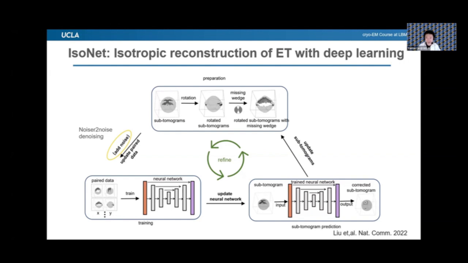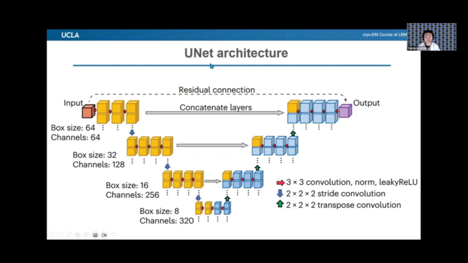The neural network we use is called the UNet. UNet is fully convolutional. So in each step it has a 3x3 convolution with an activation function. So this is three steps of convolution.